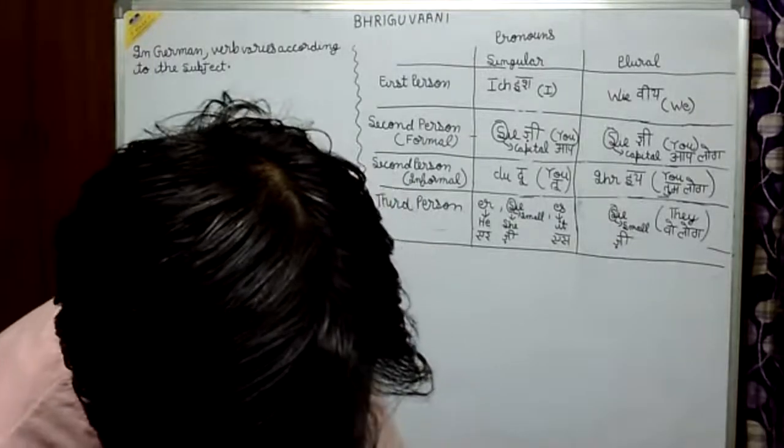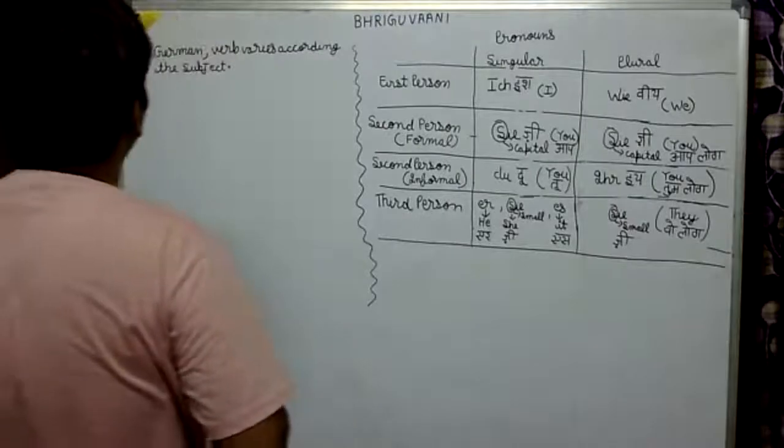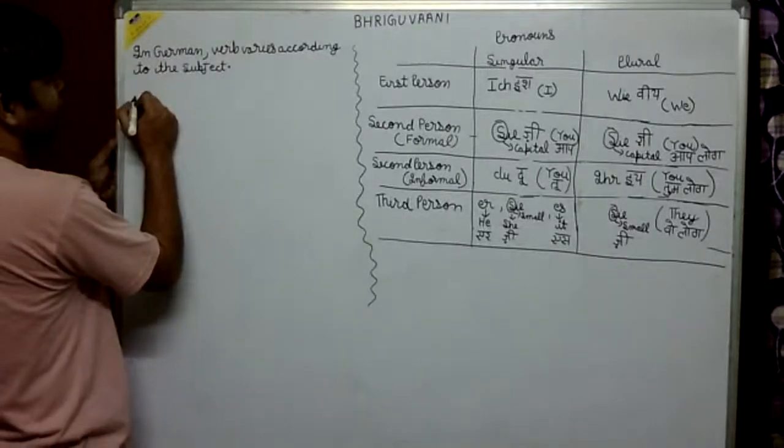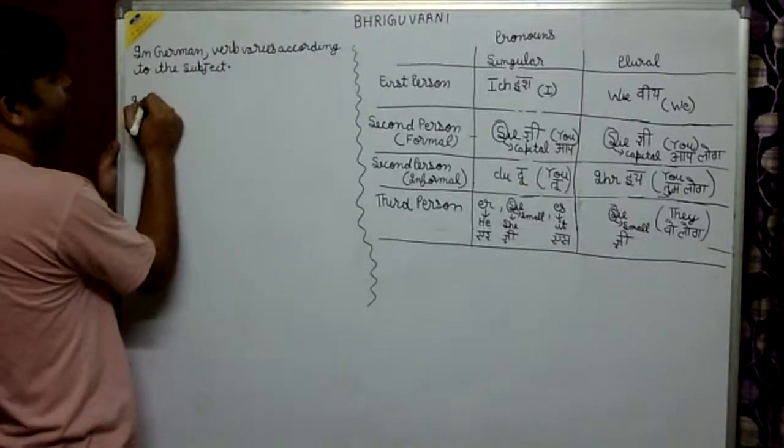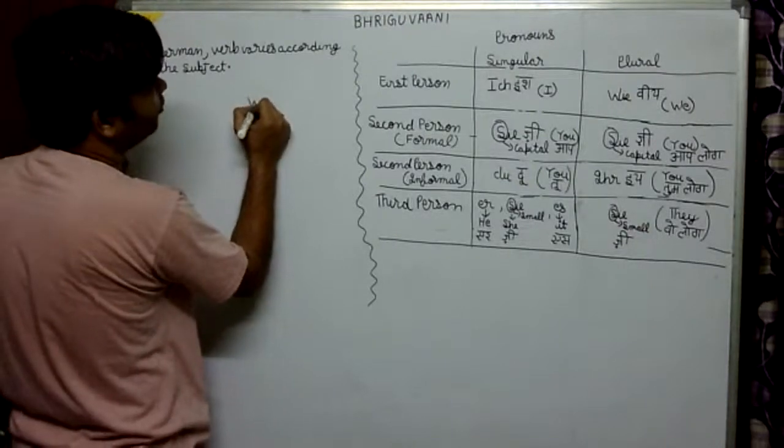For example, we have a word ich, and we have a word wir.